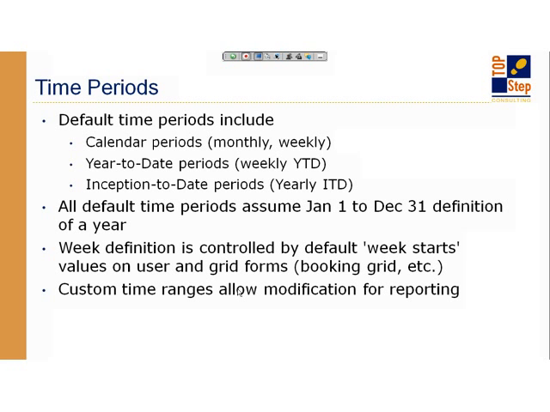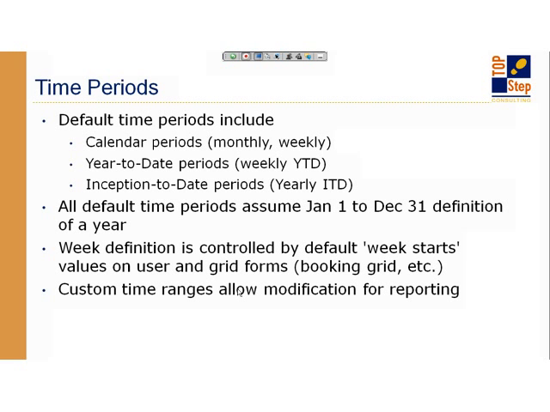The inception to date picks up the first time entry or something at the beginning of a project regardless of when it happened. But those are just standard time period definitions. And when you run reports, sometimes you're looking year-to-date, sometimes you're wanting inception to date, sometimes you're wanting 4 weeks, and so forth and so on.